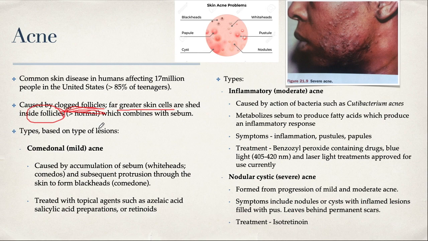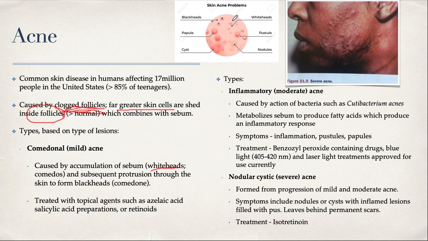And so based on the types in terms of how they are formed, you have the comedonal or mild acne, you have the moderate, and then you have the severe. The comedonal or mild is caused by the accumulation of sebum. So typically you see whiteheads, comedones.